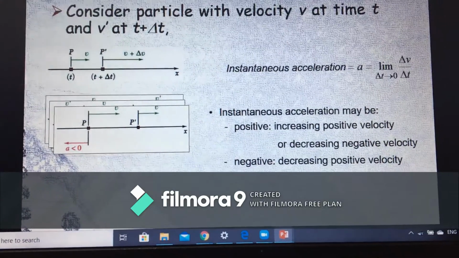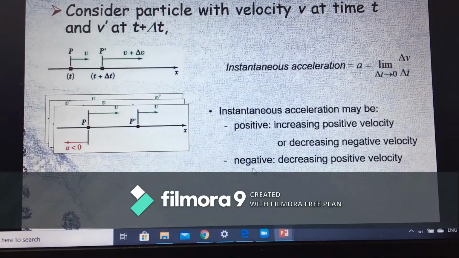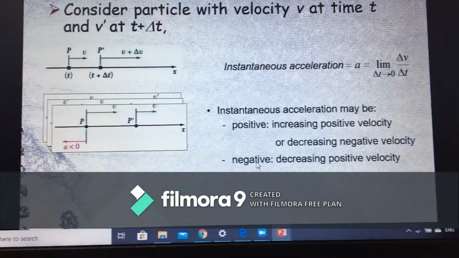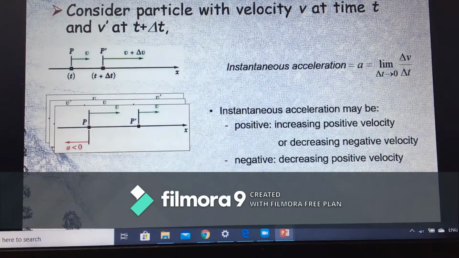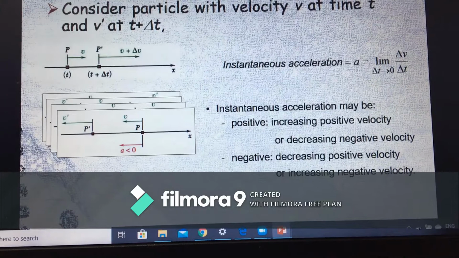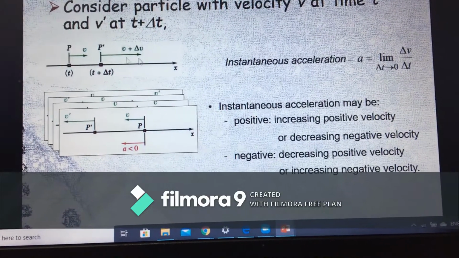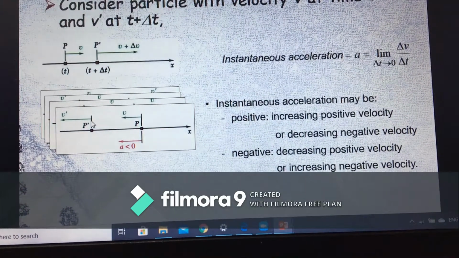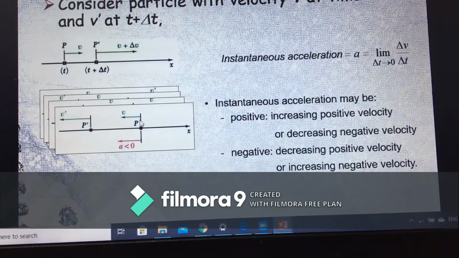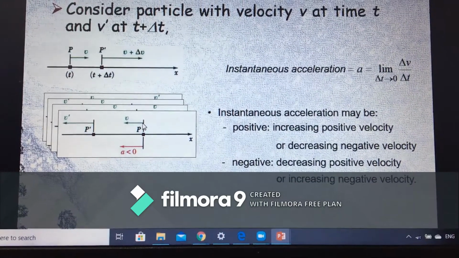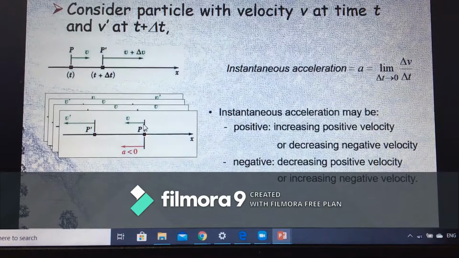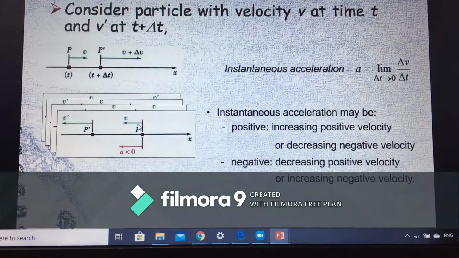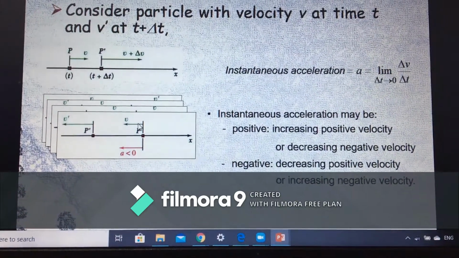Okay, so next. Another possibility, kailan to siya magiging negative ang acceleration is this scenario. So tingnan tong next scenario class. Okay, so now the direction of the particle is going to the left. So initially, kita natin na ang velocity is mahina lang. Okay? Mahina. Going to the left.